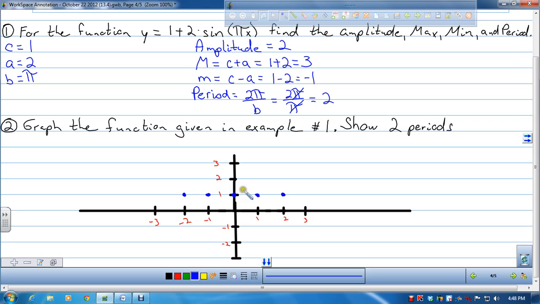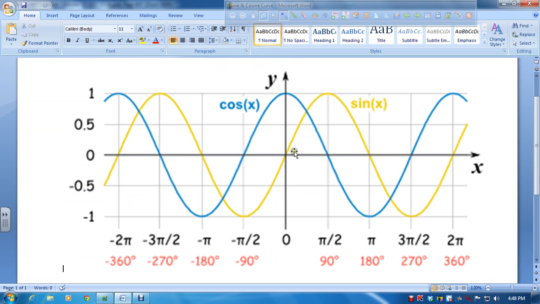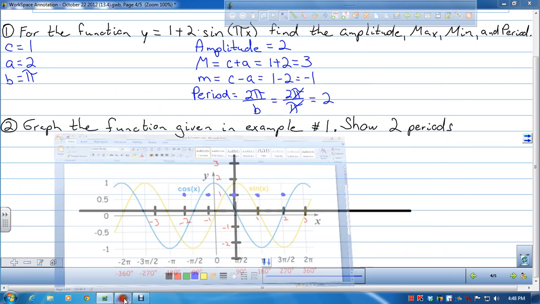Now my other key points are the maximum and the minimum. The maximum is at 3, and if we look at the general sine curve, we start and we go up to the maximum, right? And the maximum will be halfway between where you started and the middle of the graph, or 1/4 of the way through the period.